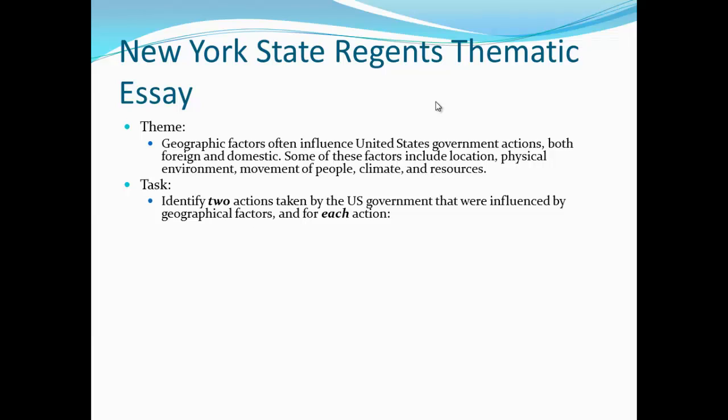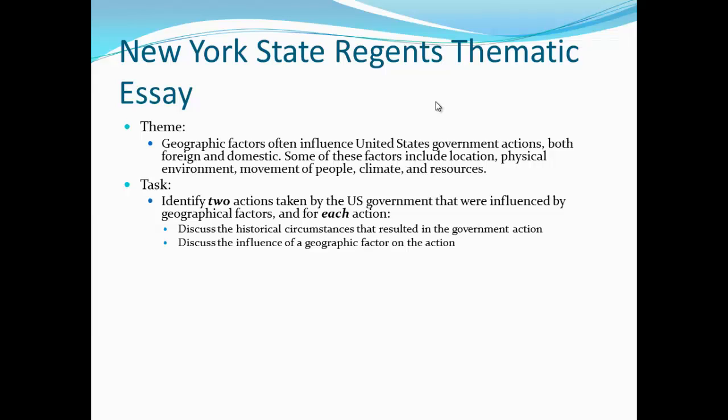What the question starts off asking us is to identify two actions taken by the U.S. government that were influenced by geographic features, and for each action, discuss the historical circumstances that resulted in the government action, discuss the influence of a geographic factor on the action, and describe the impact of the government action on the United States.